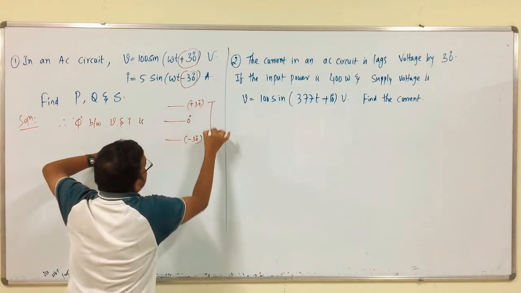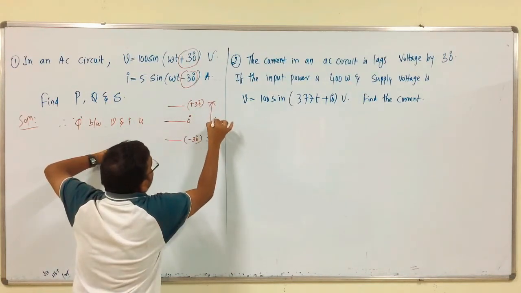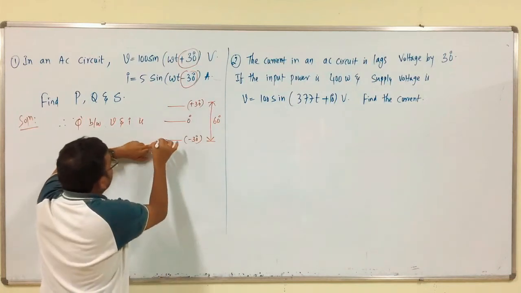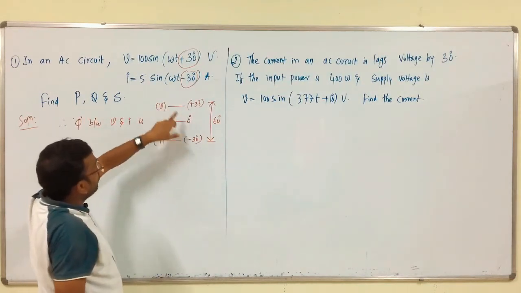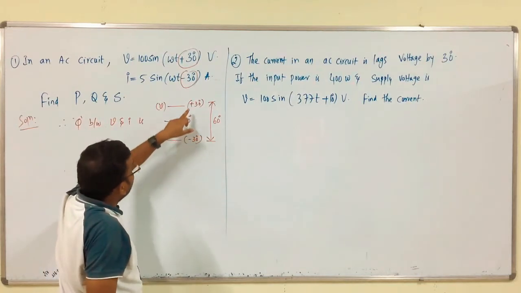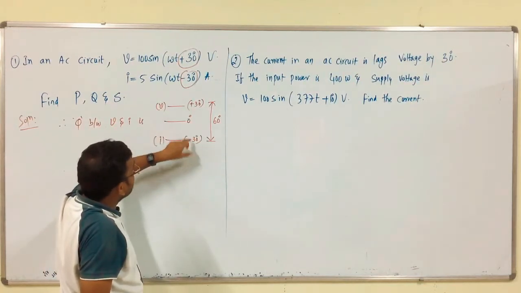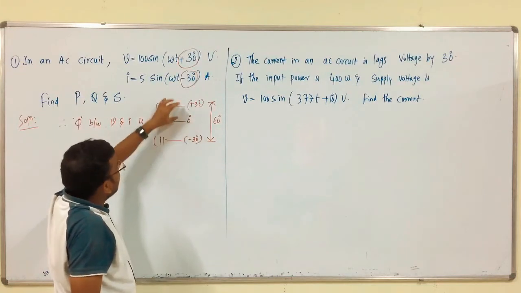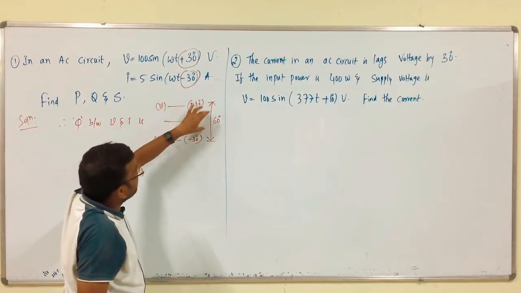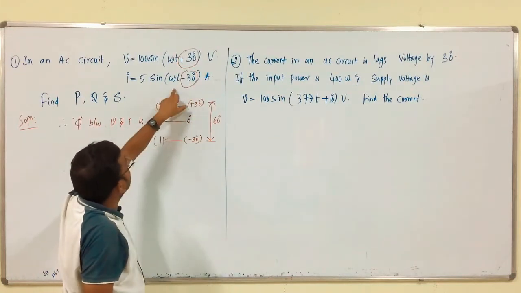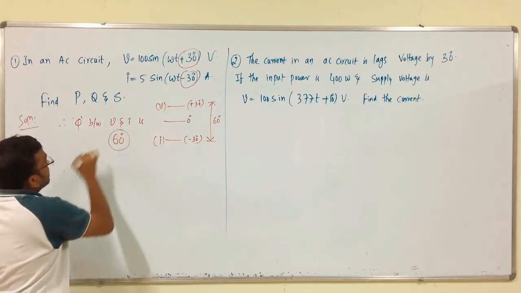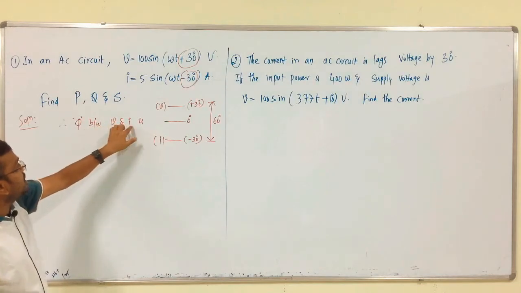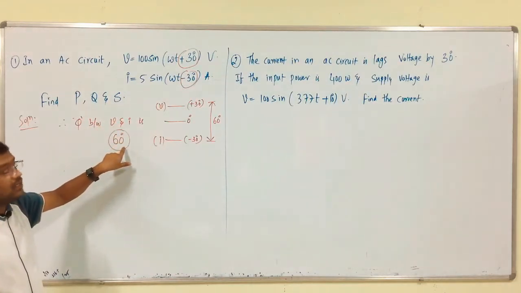So, between these two, the angle is 60. This is current, this is voltage, right. Current lags voltage by 60 degrees. To reach plus 30, first minus 30 to 0, then 0 to 30, so 30 plus 30 is 60 degrees. The phase angle between voltage and current is 60 degrees, right.